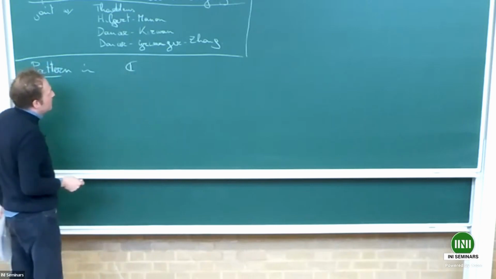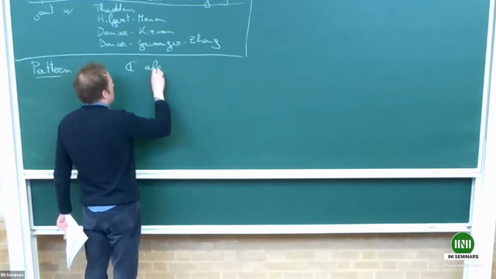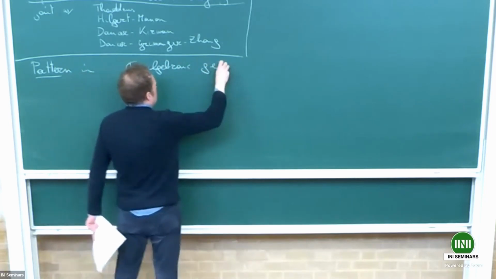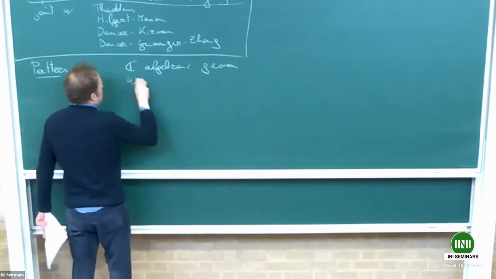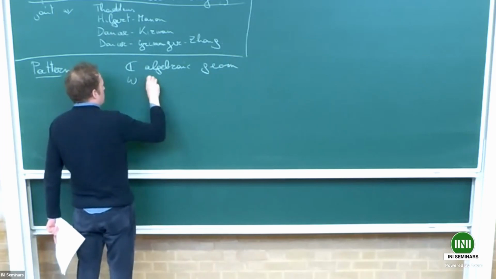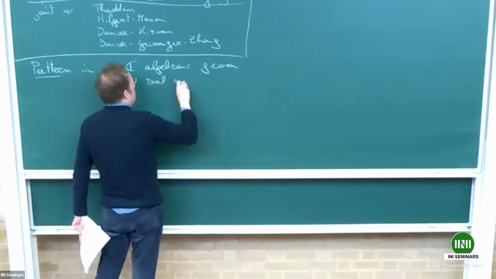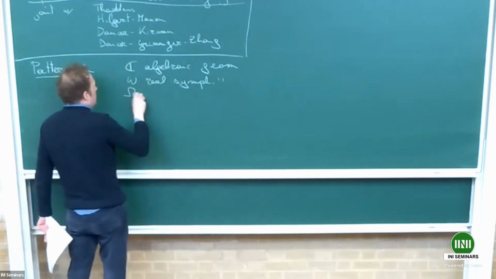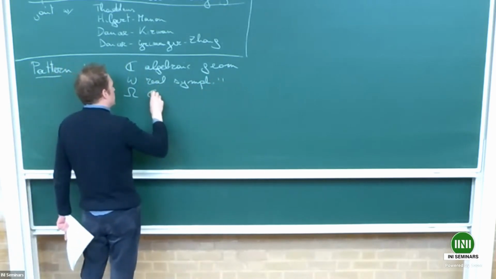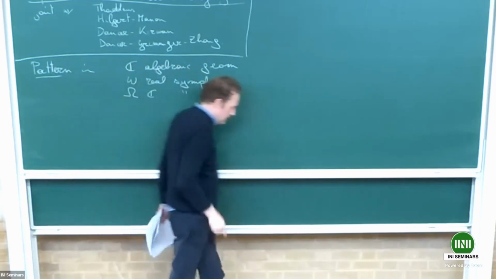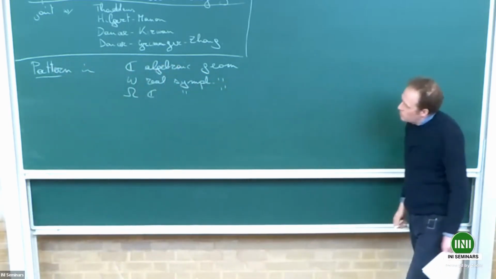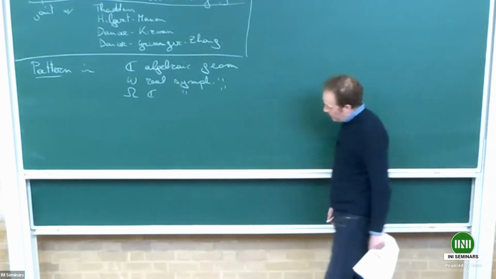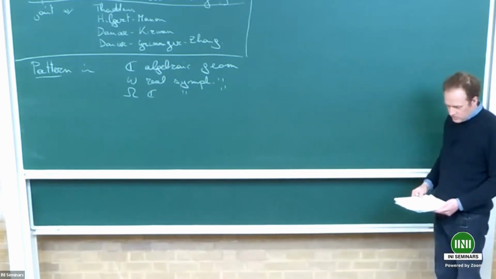I'll abbreviate algebraic geometry by C. Then real symplectic geometry by little omega and capital omega for the complex symplectic geometry. I might slip into referring to this as hyperkahler geometry, even though I will have very little to say that is fully understood on the metric side.